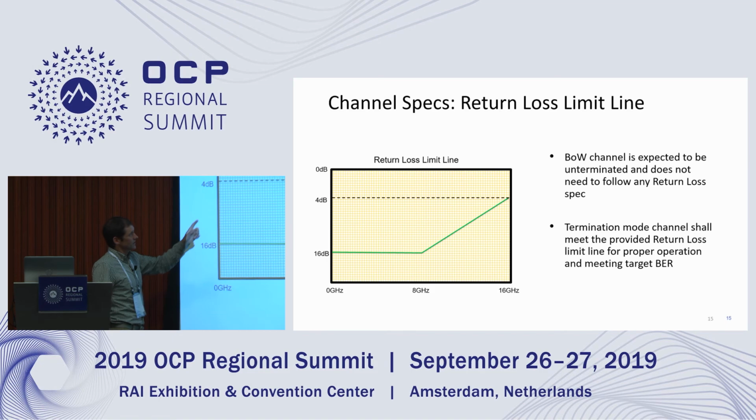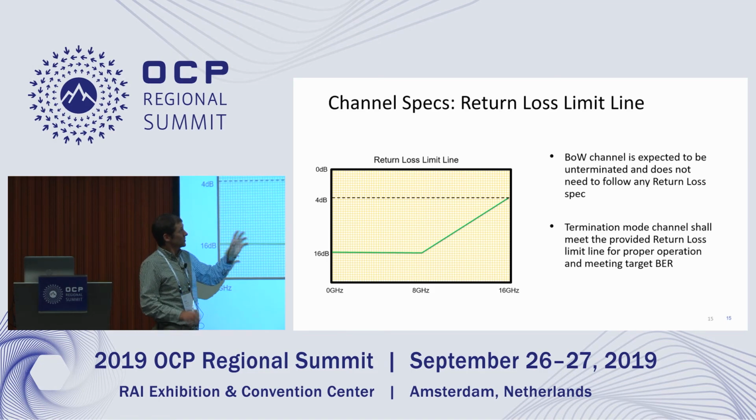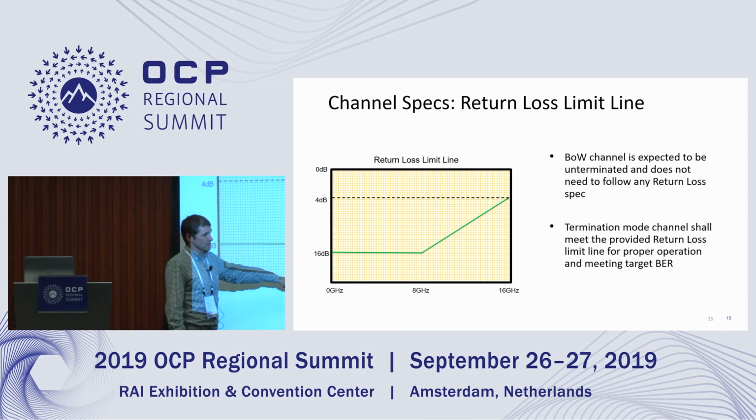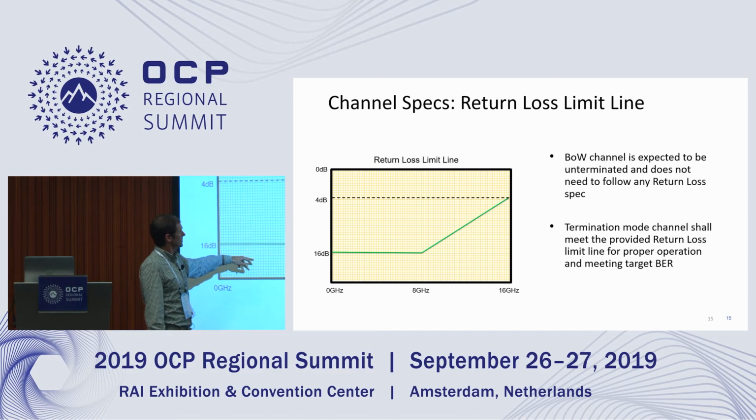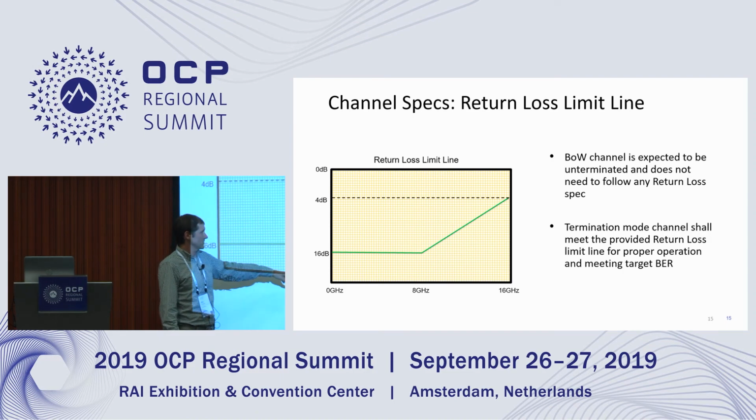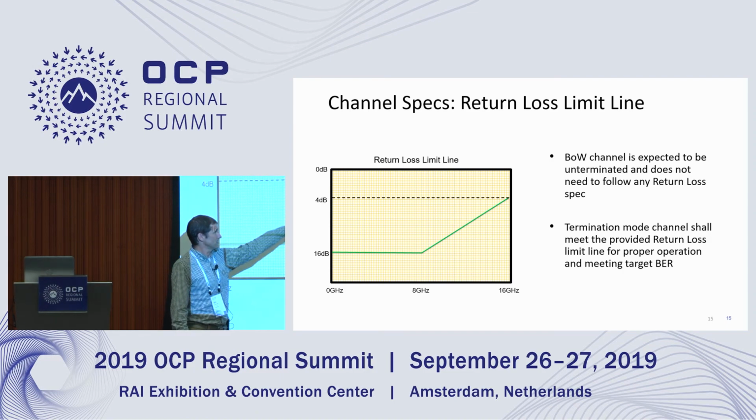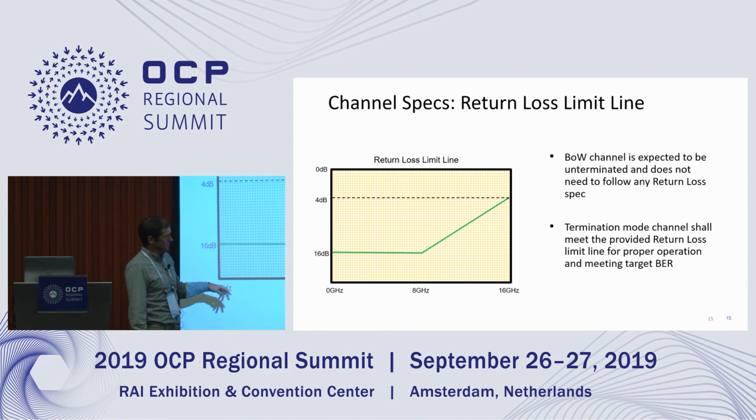Return loss, again, for the basic bunch of wires, it's expected to be unterminated, and so it doesn't really need any return loss spec. For the terminated mode, similarly, there's a knee in the curve at 8 gigahertz, 16 dB, kind of a typical return loss requirement up to half the baud rate, and then allowing up to 4 dB at 16 gigahertz.